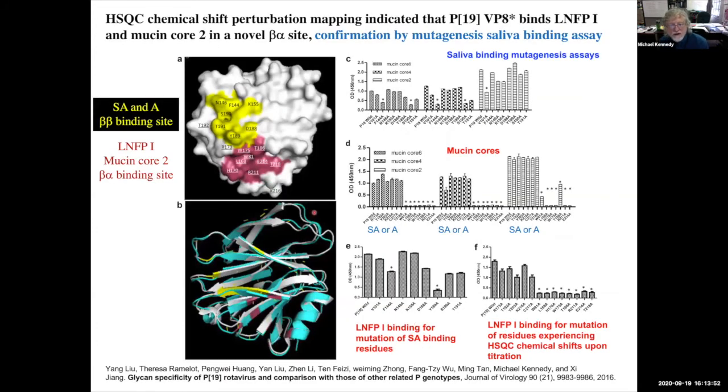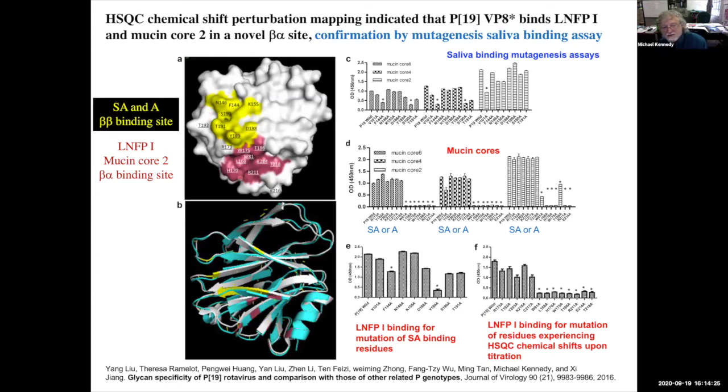In this case, we compared the location of the binding site to what was already known in the literature. The other existing structures were for the terminal sialic acid group of histo-blood group antigens, or A-type histo-blood group antigens, which bound in a different location in the beta-beta binding site.